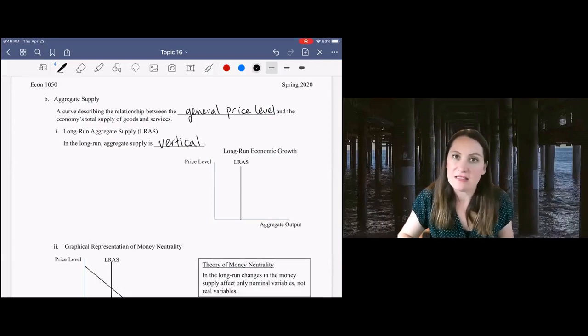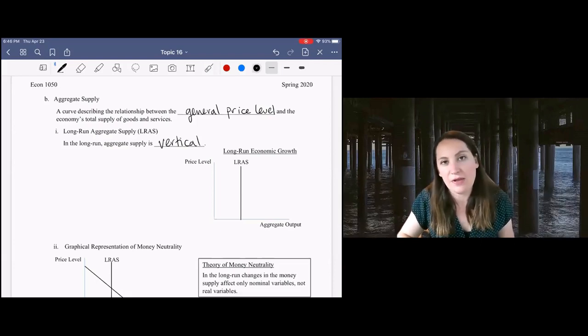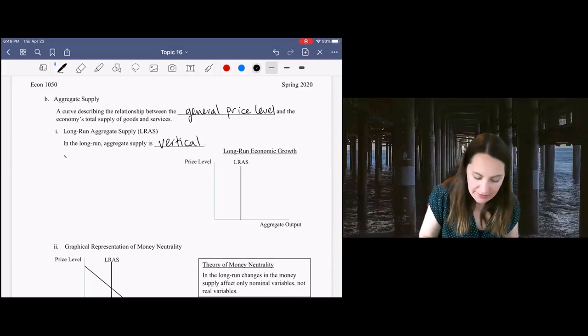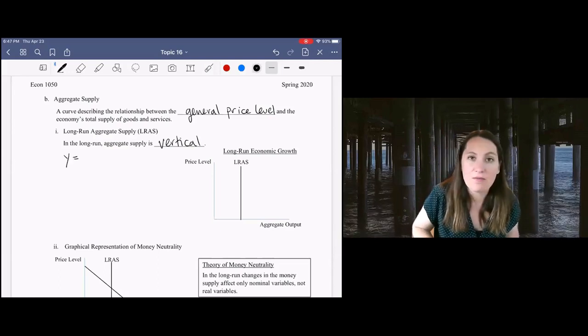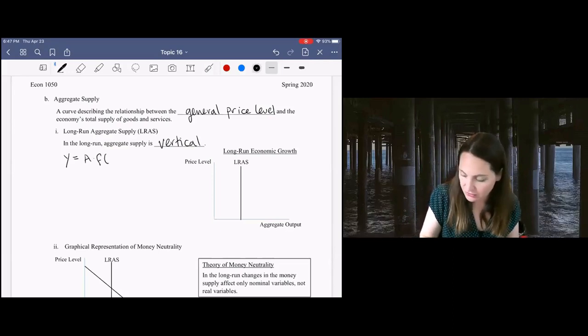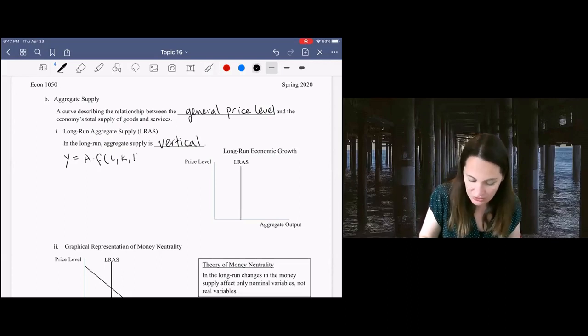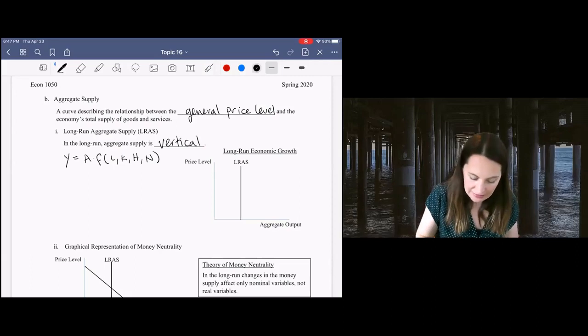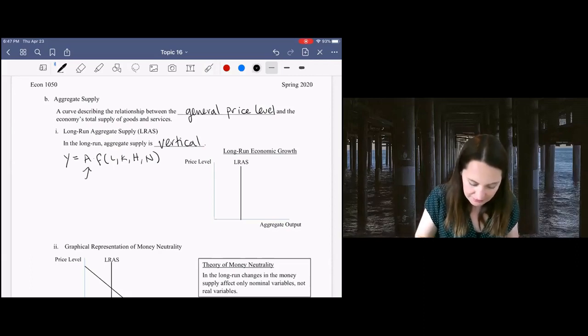So to see why this is, let's start to think about what aggregate supply is determined by. Remember, we talked about this already. Production in a country is a function of inputs like labor, capital, human capital, and natural capital, and technology, efficiency, and productivity of those inputs.